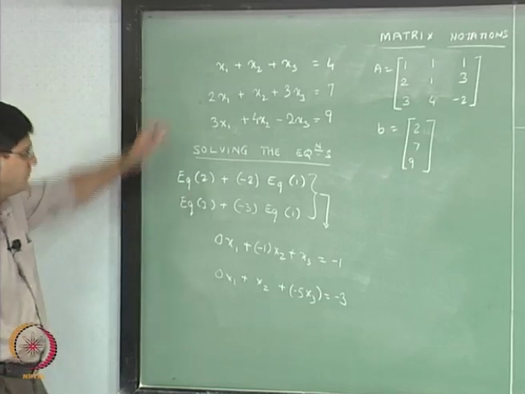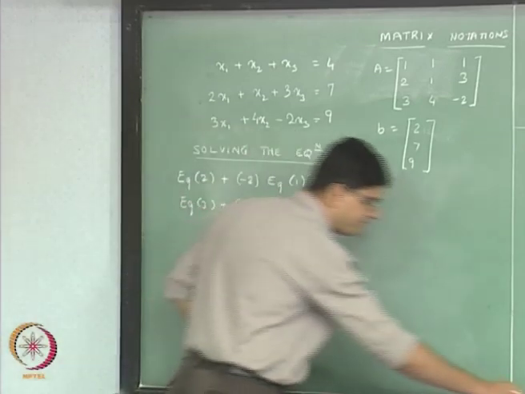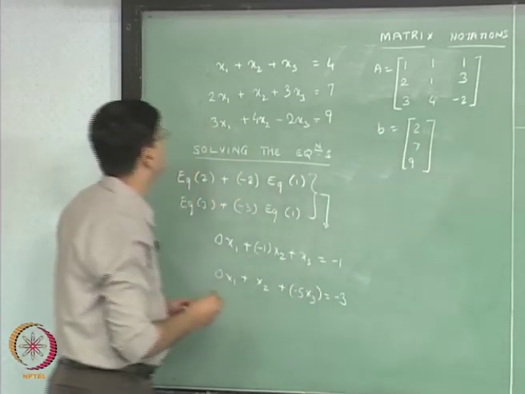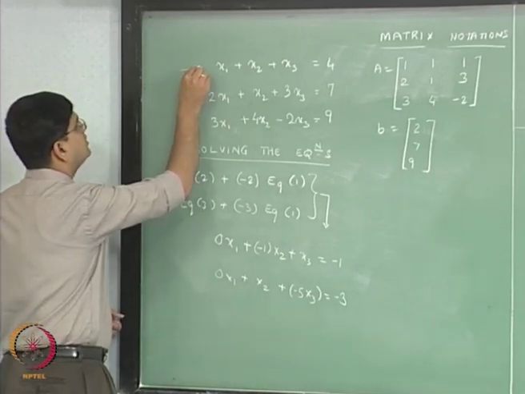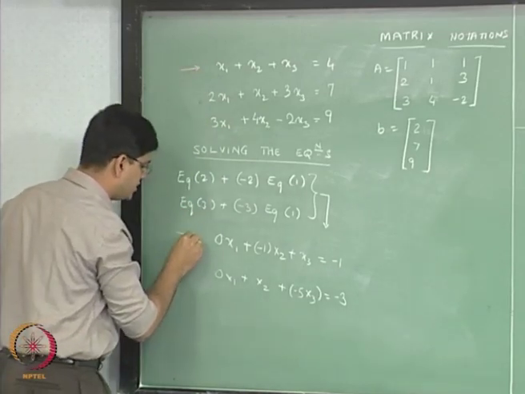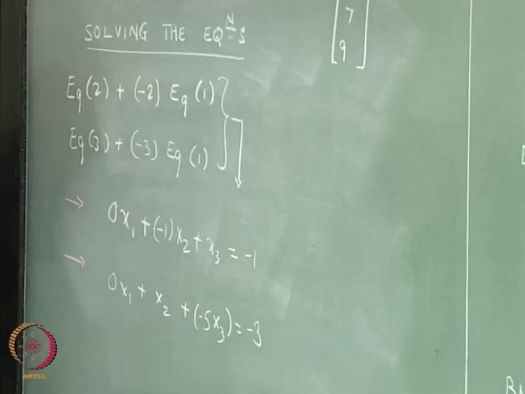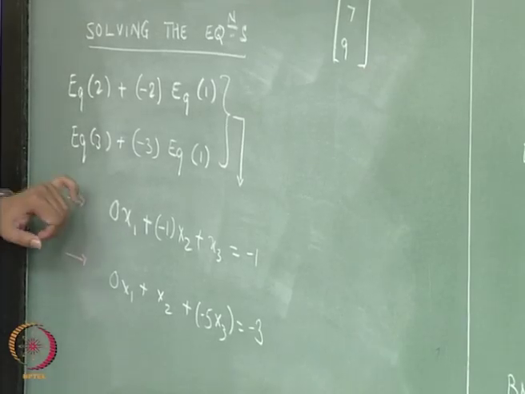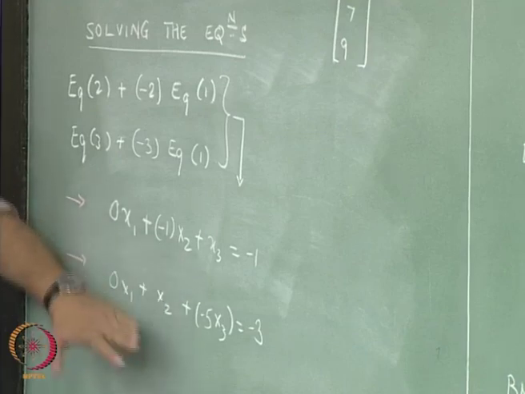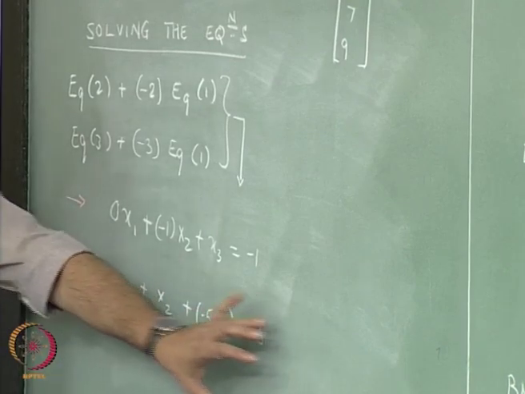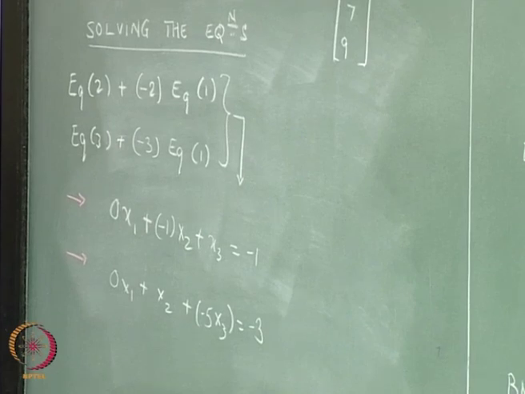So now equation number 1 stays, this is going to be our new equation number 2, and this is going to be our new equation number 3. Okay. Next we will add these two equations and replace the last equation with that sum.